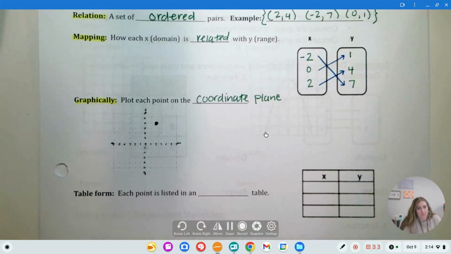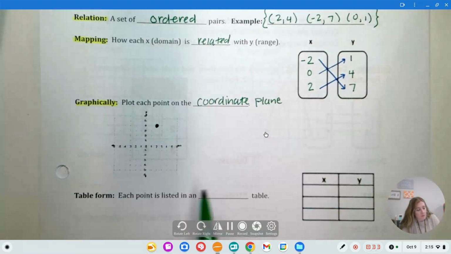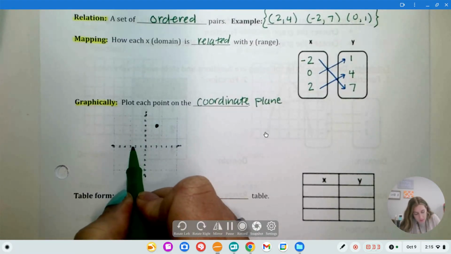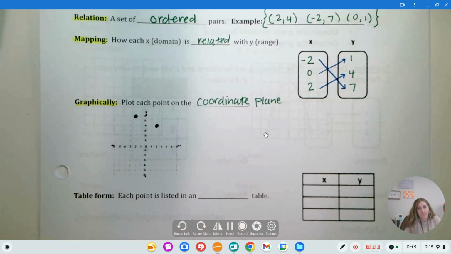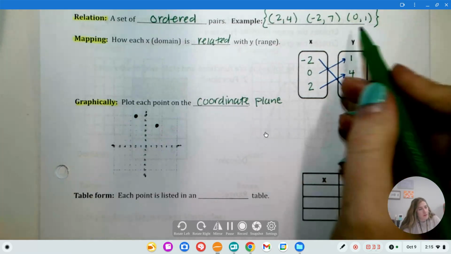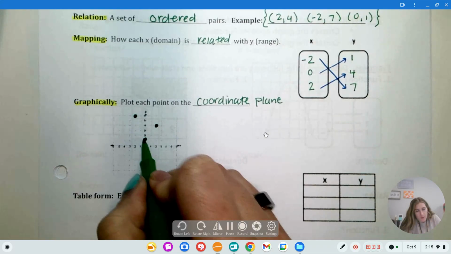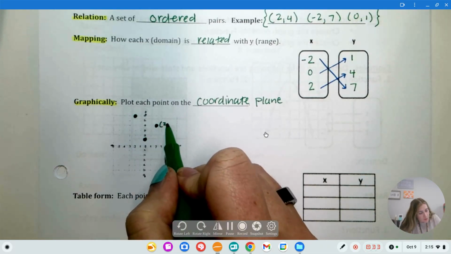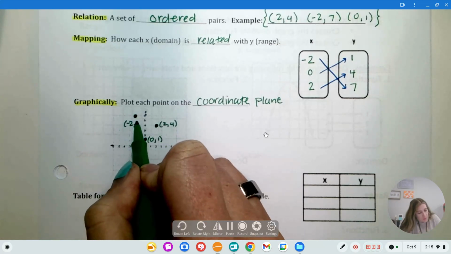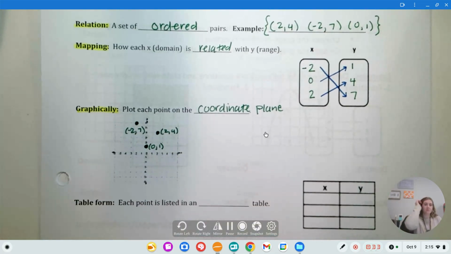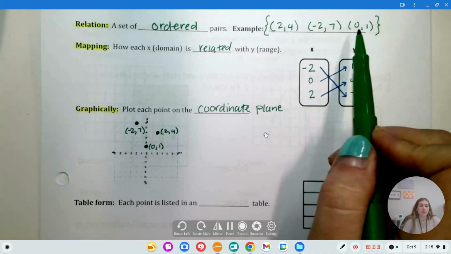Here's that first point. Then I'm going to graph (-2, 7). So I'm going to go left 2, up 7, which is all the way to the top of this plane here. And then (0, 1), so I don't go left or right, I just go up 1. So this is the point (2, 4), this was (0, 1), and this was (-2, 7). So these are 3 different ways that this group of ordered pairs, this relation, can be shown.